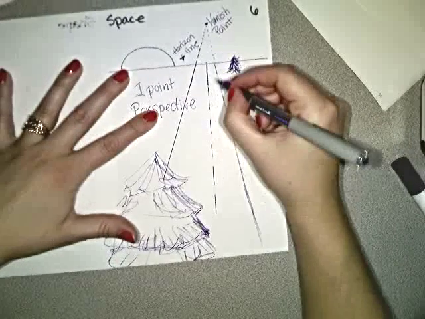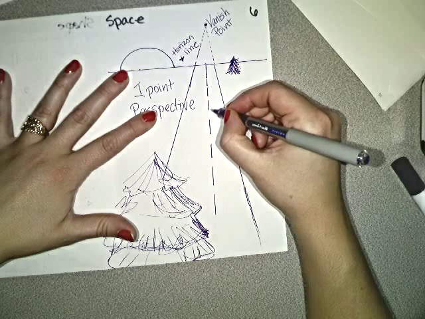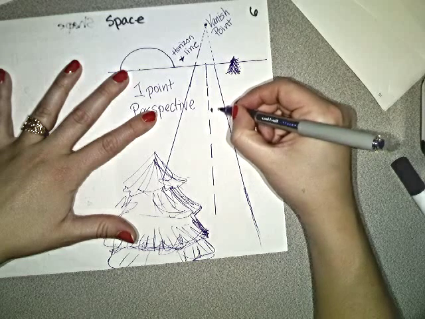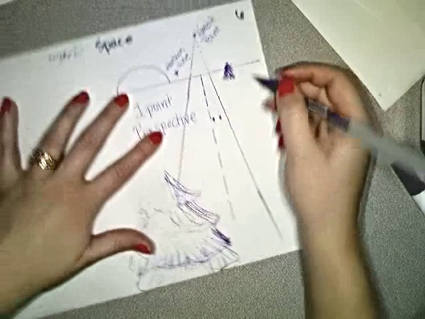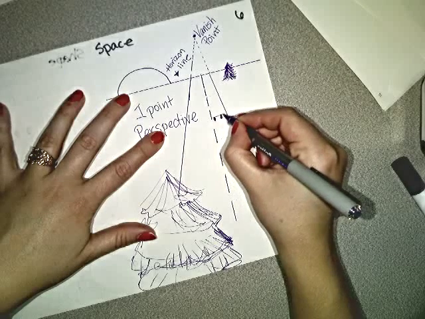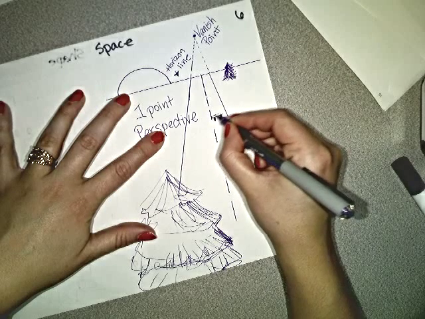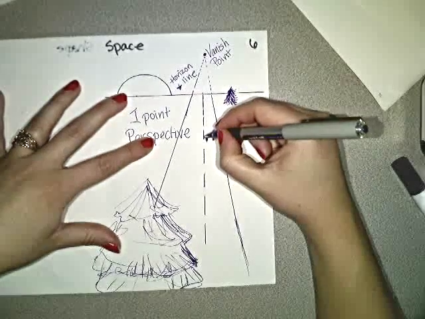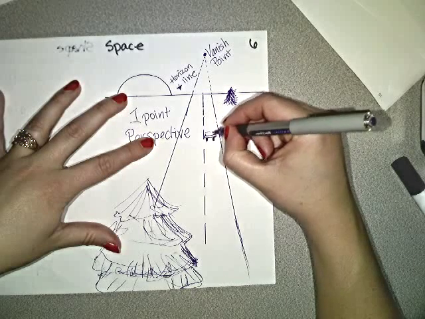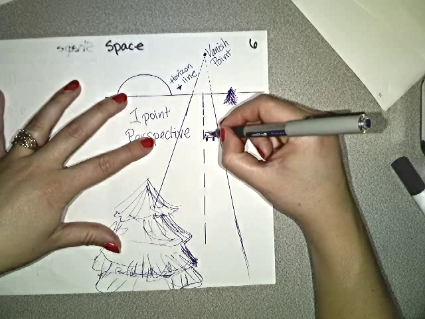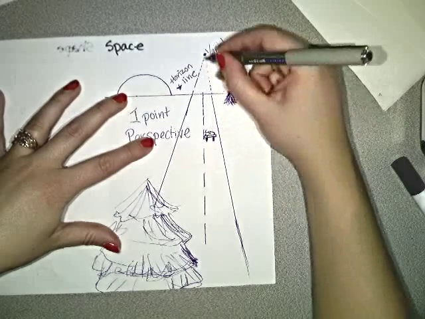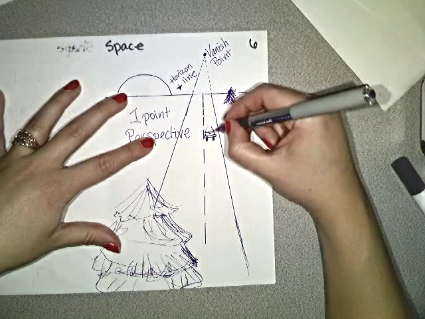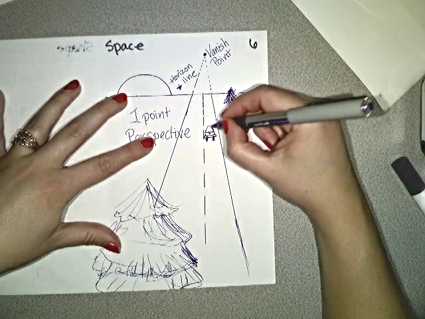If I had a little car here. I'm not that good at drawing cars. They're never my thing. I guess you gotta really like cars. Got little turn signals on there. This is the trunk, and it's gotta go vanishing at this point here.